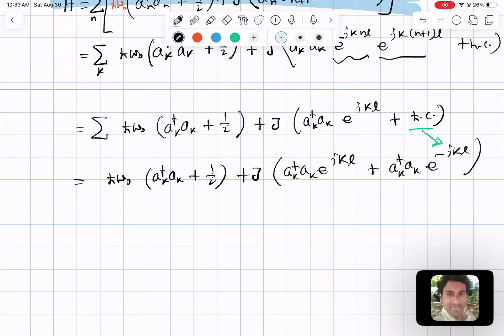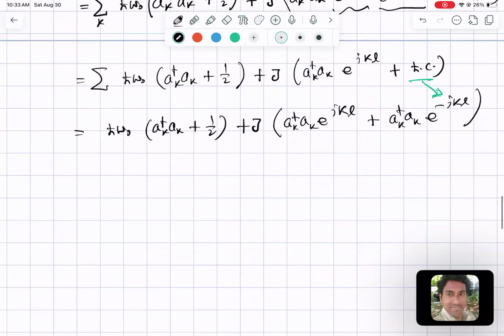Okay. So that's the expression for the Hamiltonian, and you can see that all of this is a function of K.